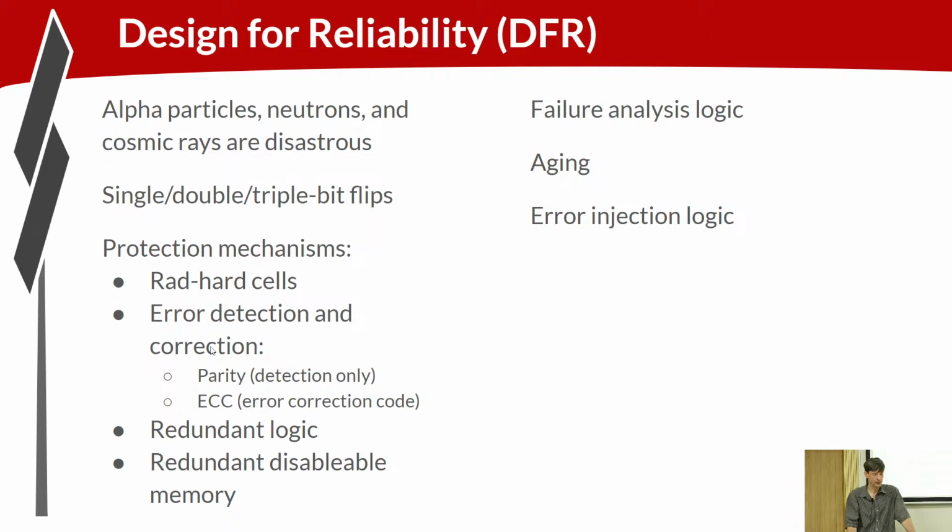So the approach we use with memories is generally error detection and correction mechanisms. There are various schemes to detect errors in the memory and schemes to correct them. Not just memory, but we'll start there. The simplest would be parity. Who knows parity?